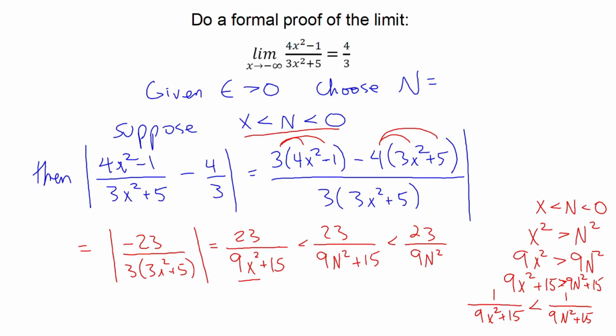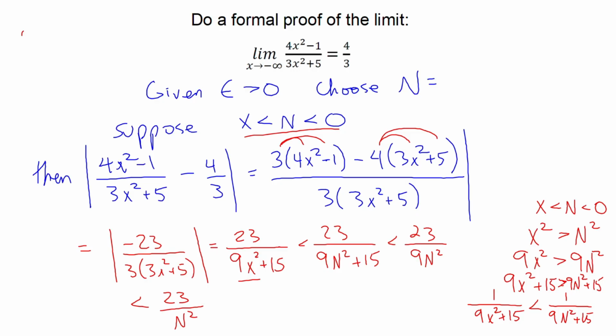And I could do the same thing, right? If I'm multiplying n squared by 9, well, then that's going to be a bigger number than if I don't multiply by 9, right, in the denominator, which makes the actual thing less than. So if I could say this is also less than 23 over n squared, and that's probably good enough.